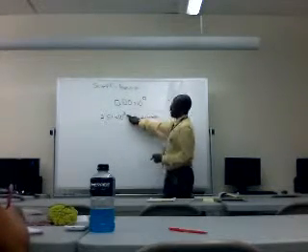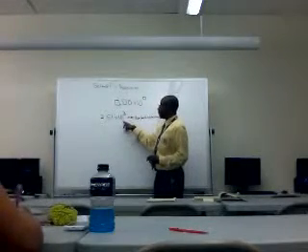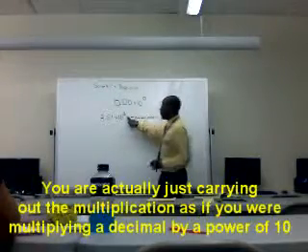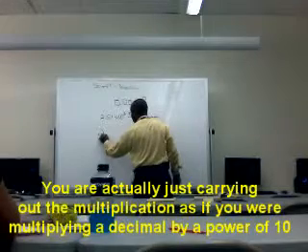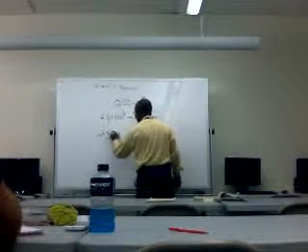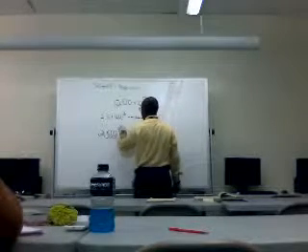If the exponent is positive, we move the decimal to the right however many times this number tells us. So we would do 1, 2, 3. So this number is now this.